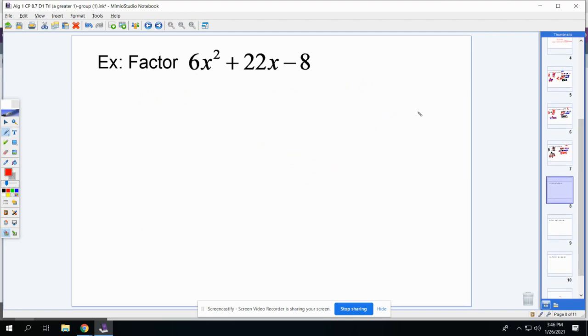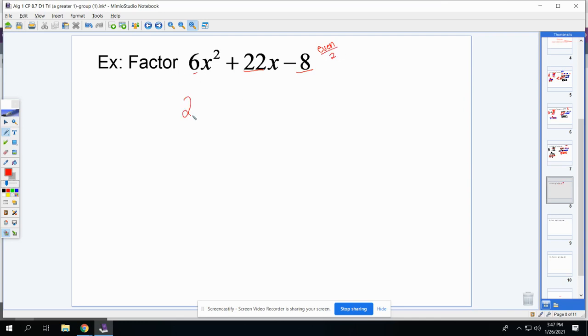Next question here, we got 6x squared plus 22x minus 8. So when we go to look at this one, I do notice this is the first one that we actually have some sort of GCF. 6, 22, and 8, these are all, not positive, but these are all even numbers. And I know that every even number is divisible by 2.